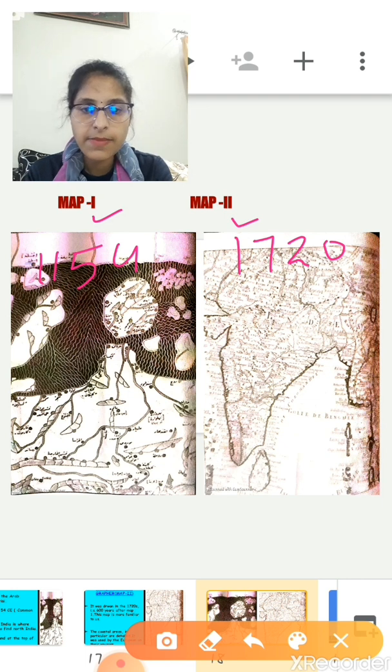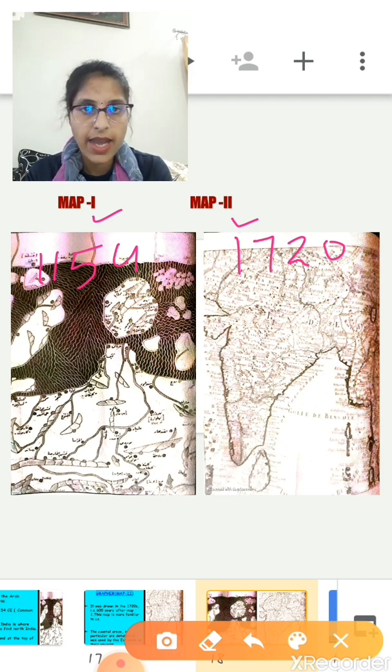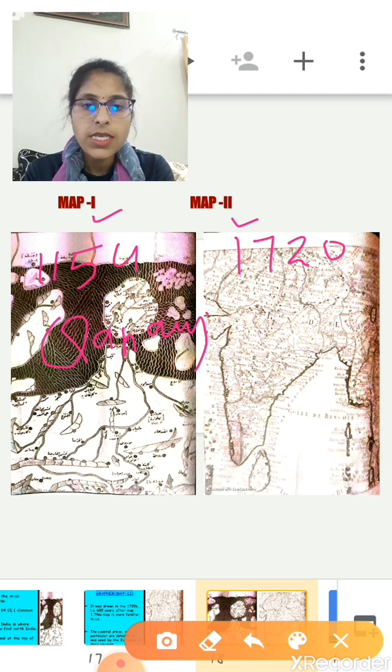The place names are in the Arabic language, and Kannauj is spelled as Qanauj. In comparison, map second was made nearly 600 years after map first. By that time, information about the subcontinent had changed a lot.